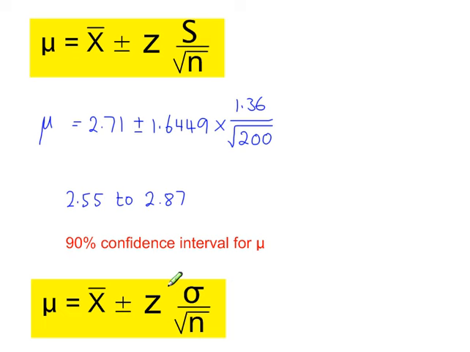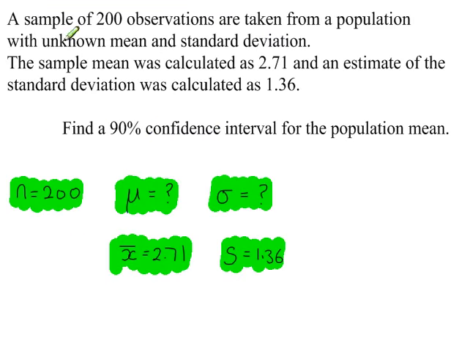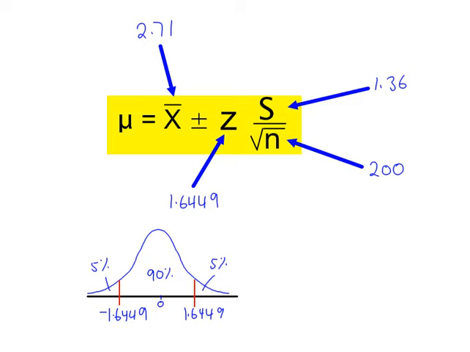The method is similar to using this formula, but because the population standard deviation was unknown, we've used an estimate for it from the sample, which was 1.36. And there was no mention of the population being normally distributed in the original question here, so we've used the central limit theorem.